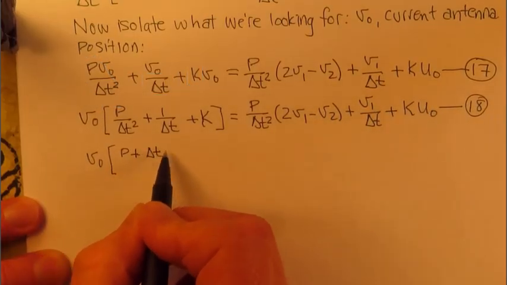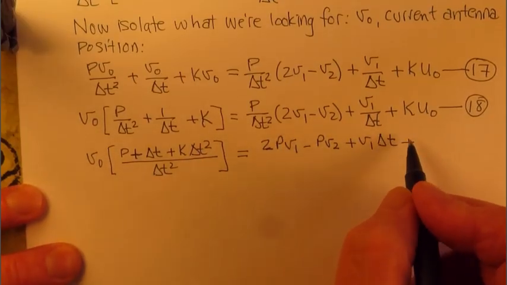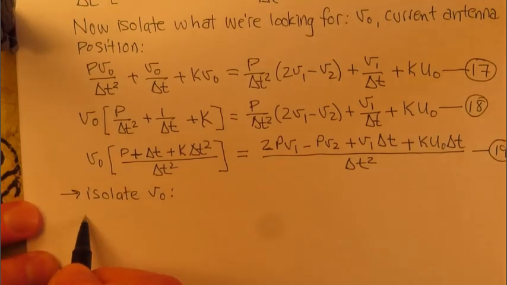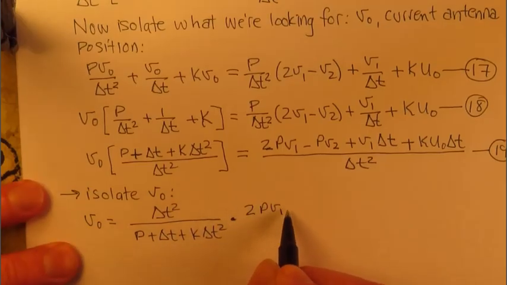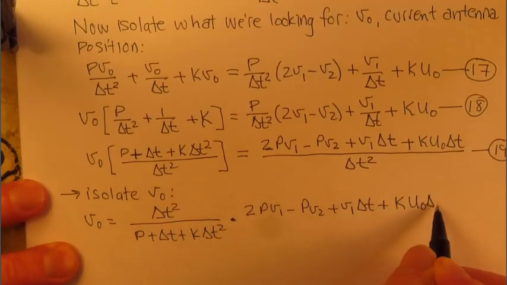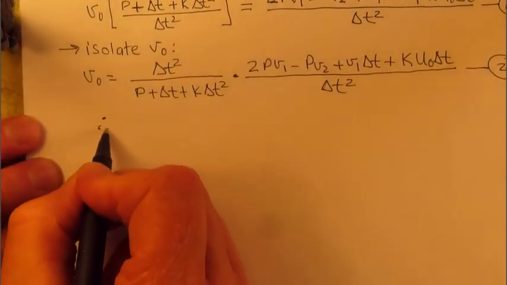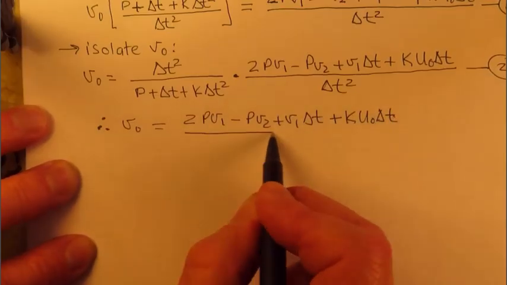Write a common denominator for both sides, delta t squared, that's equation 19. Now just isolate the current antenna position V0 on the left side all by itself, multiply both sides by the inverted left side coefficient, and that's equation 20. Cancel the delta t squareds on both sides, and voila, a simplified expression. That's equation 21.